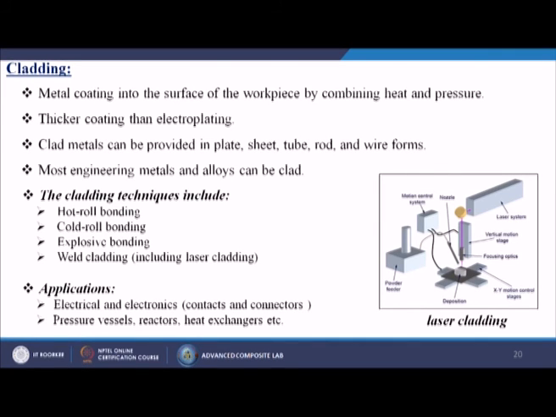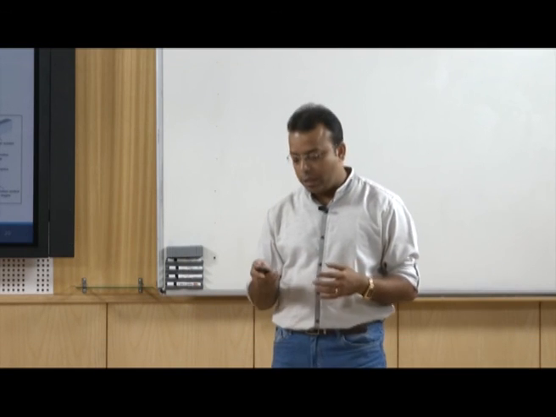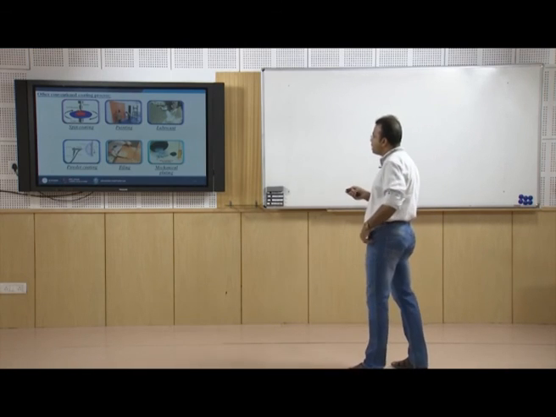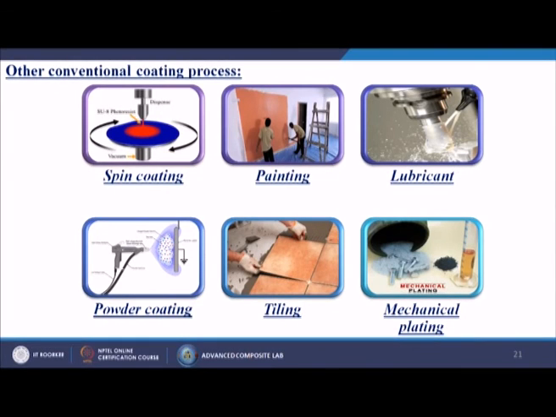Applications: electrical and electronics applications, generally for contacts and connectors, and pressure vessels like reactors and heat exchangers, so any kind of thermal equipment can use these cladding techniques. Other conventional coating processes are also available, such as spin coating, painting, lubrication, mechanical plating, tiling and powder coating.